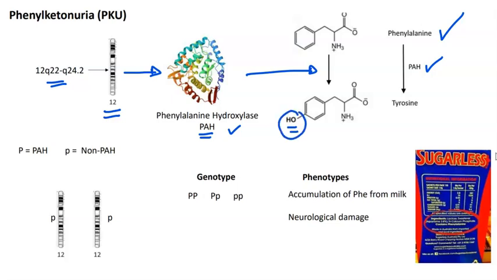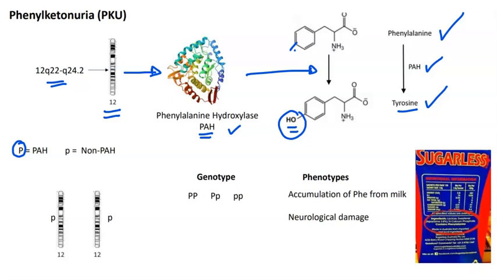The hydroxyl group is added here, and the modified amino acid is now called tyrosine, and that constitutes the normal functioning version of the dominant allele, which we could here designate as big P.